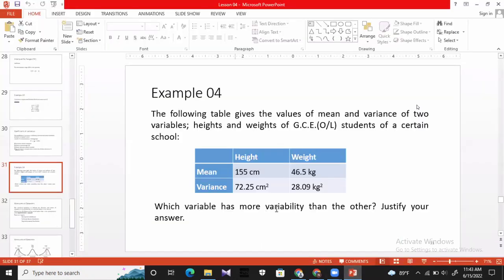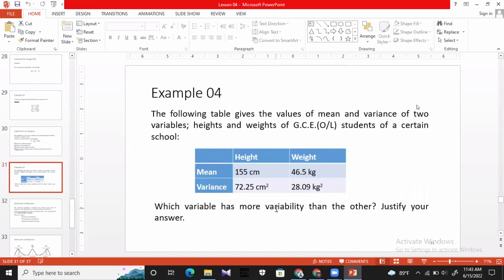In this example, you are asked to find the variable which has more variability, right? So if you are asked to find the variable which is more consistent, how are we going to find the most consistent variable between height and weight? How are we going to find it?